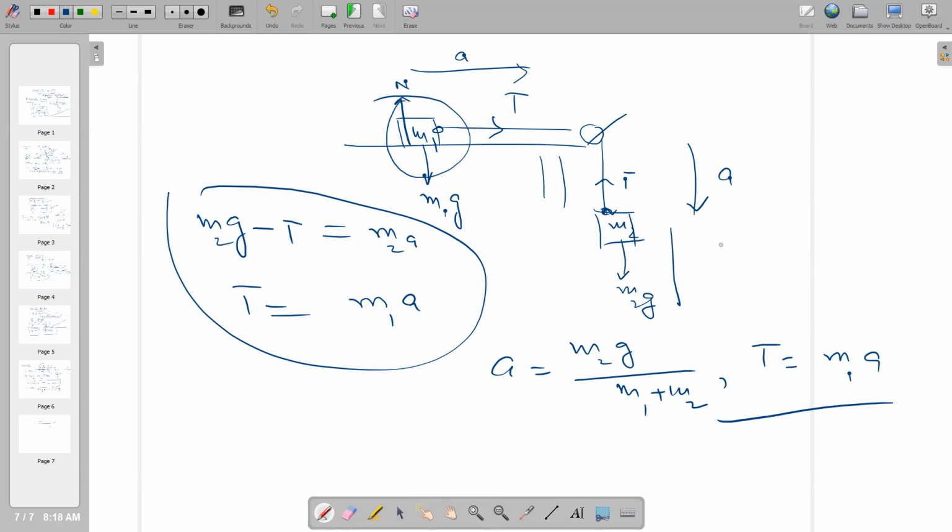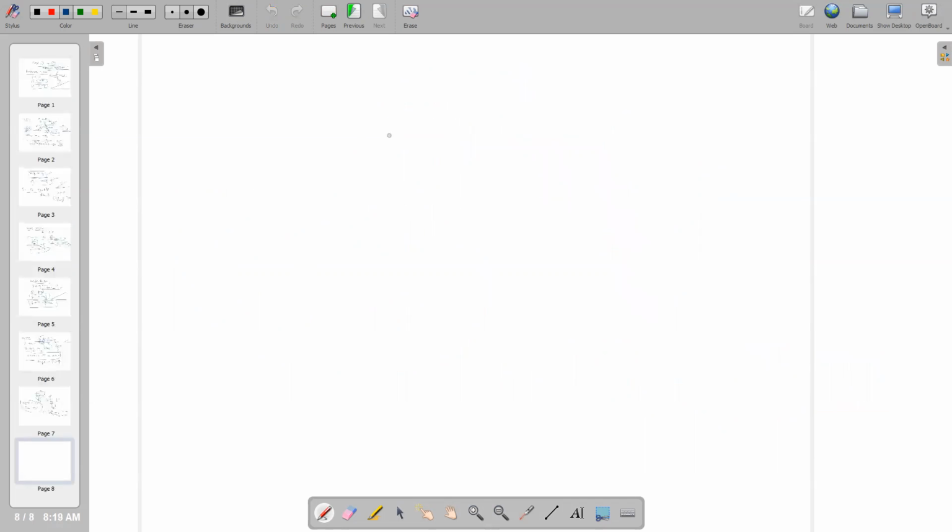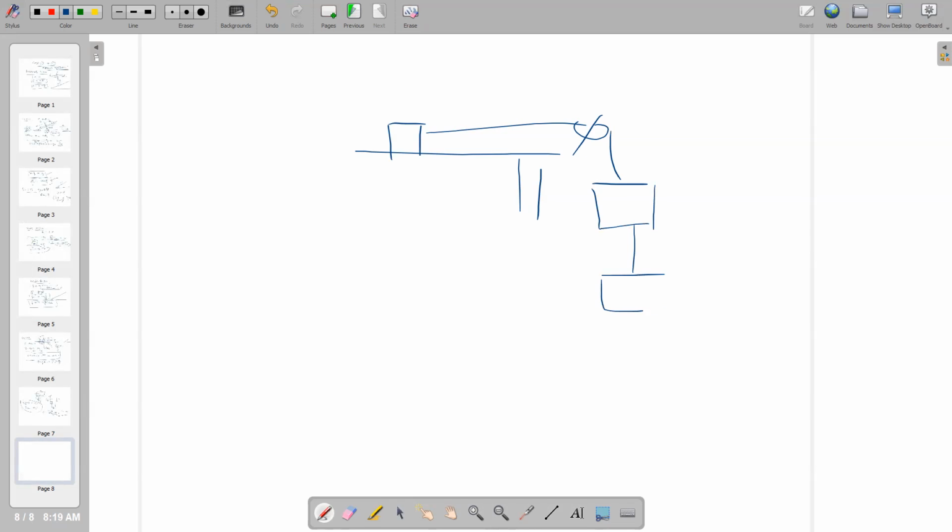But the same thing, the situation is this one. This is the block, and this block is connected by a pulley. Now we have two masses here. So here the tension is T2, okay? Here the tension is T1. And suppose this tension is T3, and this is 2 kg, because this tension and this tension are the same.